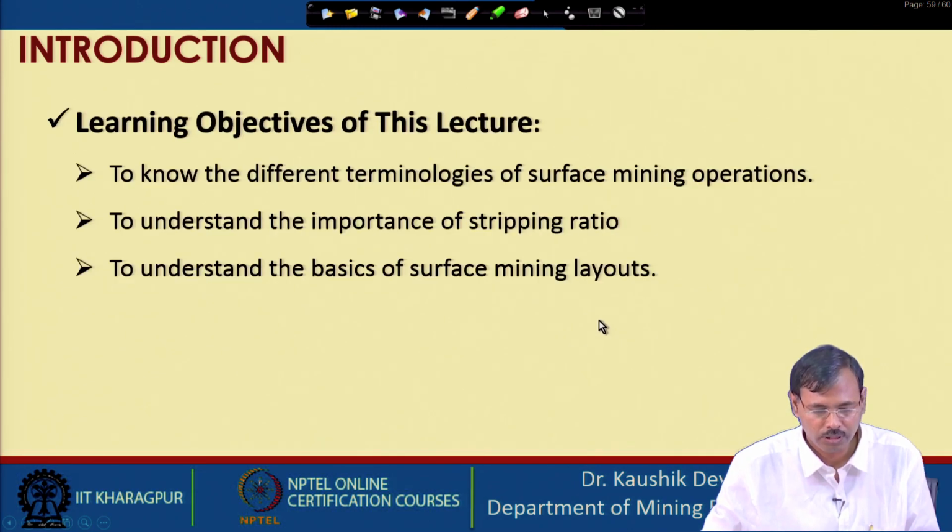The objective of this lecture is to understand the different terminologies. We will also understand the importance of the stripping ratio, which gives us an idea of how much overburden rock has to be handled to take out the ore, and we will understand the surface mining layouts and how mine plans are made.